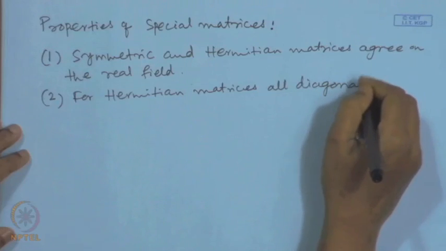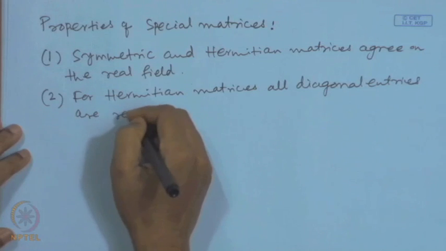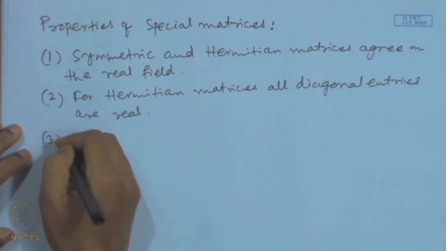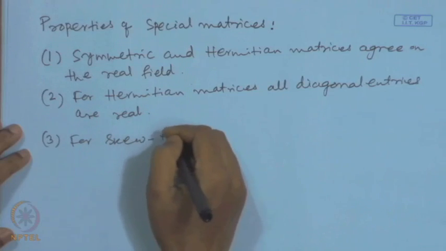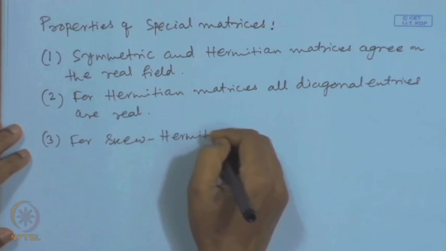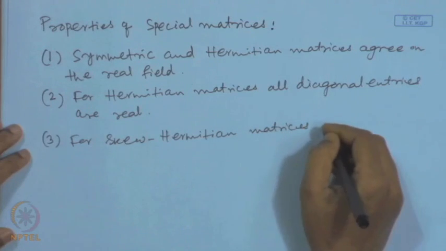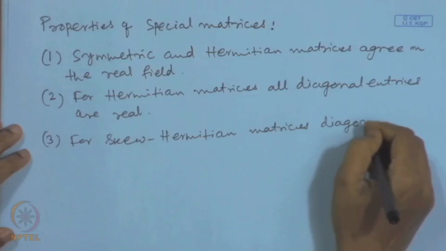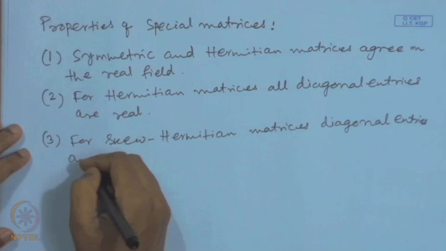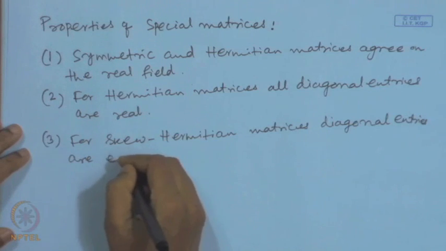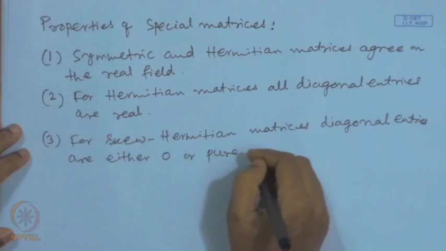And for skew Hermitian matrices, diagonal entries are either 0 or pure imaginary.